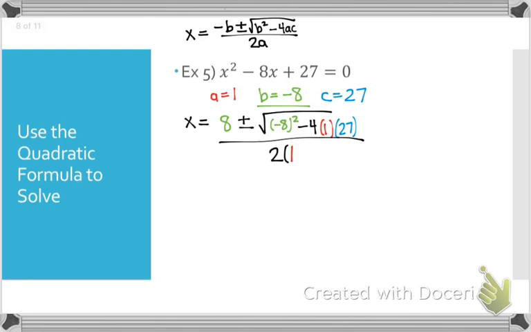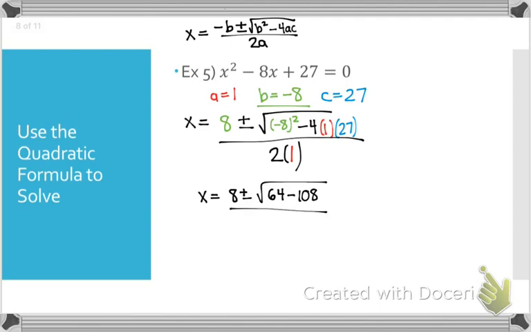All right, so we're going to start cleaning this up here. We have x is equal to 8 plus or minus, and let's figure out what's in the radical. Negative 8 squared is 64, minus 4 times 1 times 27, so minus 108.